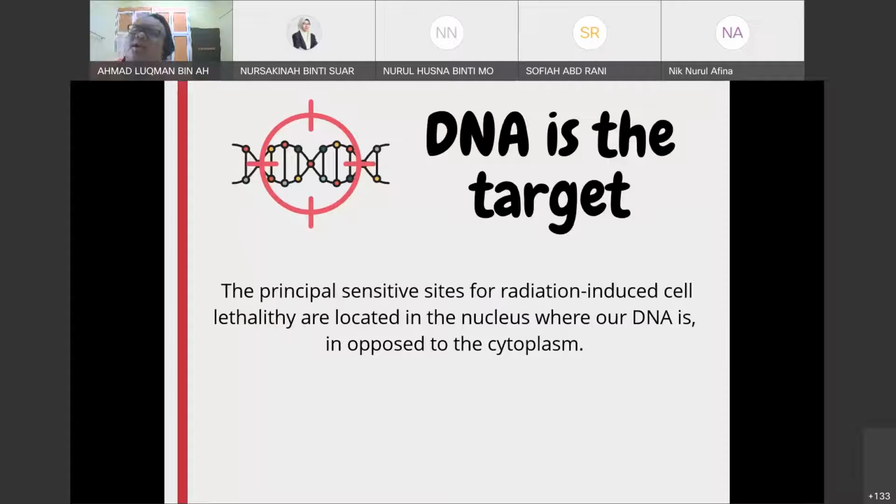One would ask, of all kinds of cells, why is it the DNA? Why? Let's take a moment to think about why. The answer is clearly on the screen. It is radiosensitive. Now that we know that DNA is radiosensitive, why is it radiosensitive?